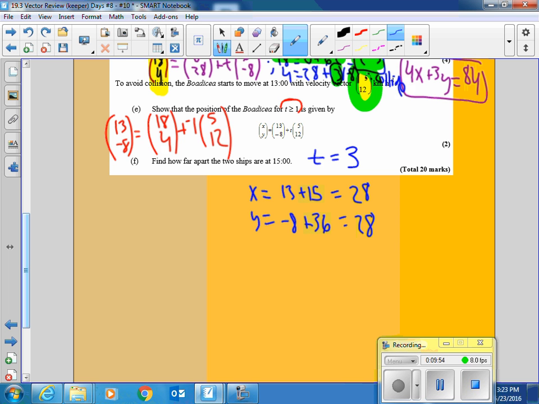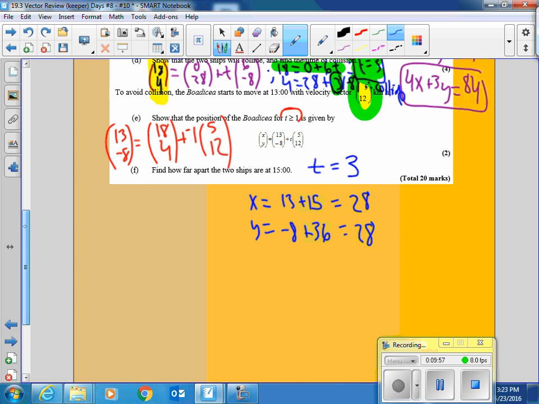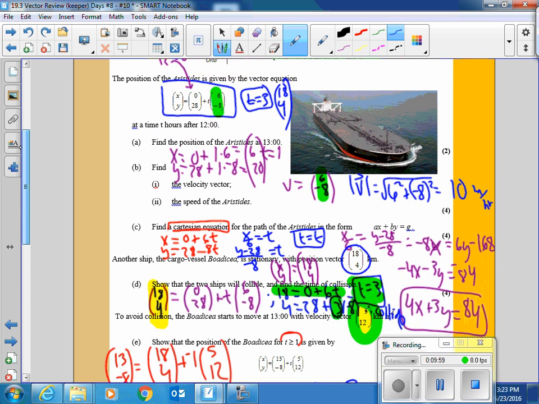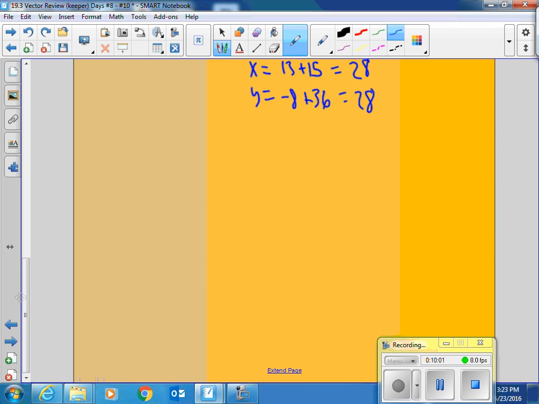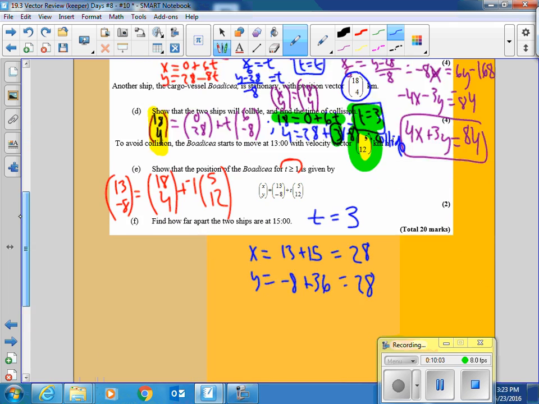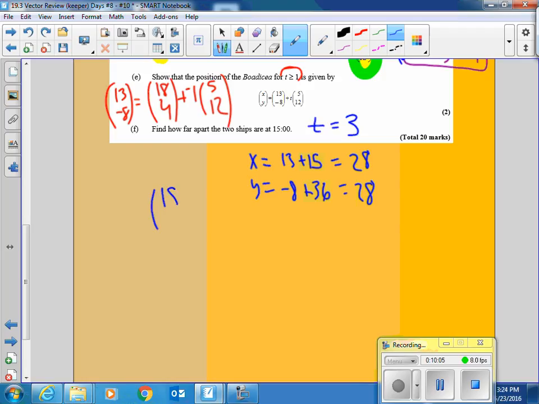Cool. All right. So you have (18, 4) as one position, and (28, 28) is the other one.